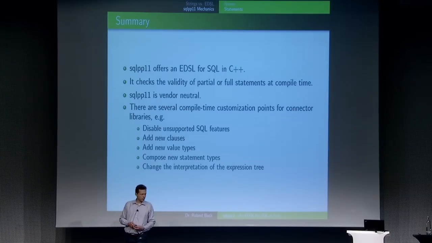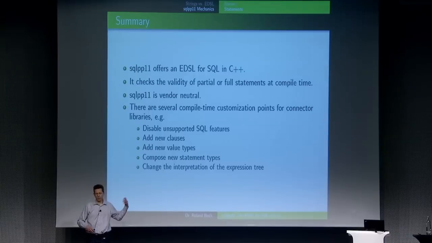SQL11 itself is vendor neutral. That is very important because it keeps the library in a controllable size, and you can use the connector libraries to do all the stuff that you want to do, like, I don't know, including connection pooling and including special behavior for certain features. You can do all that in the connector libraries, and they are very well encapsulated and isolated so that you don't create a mess.